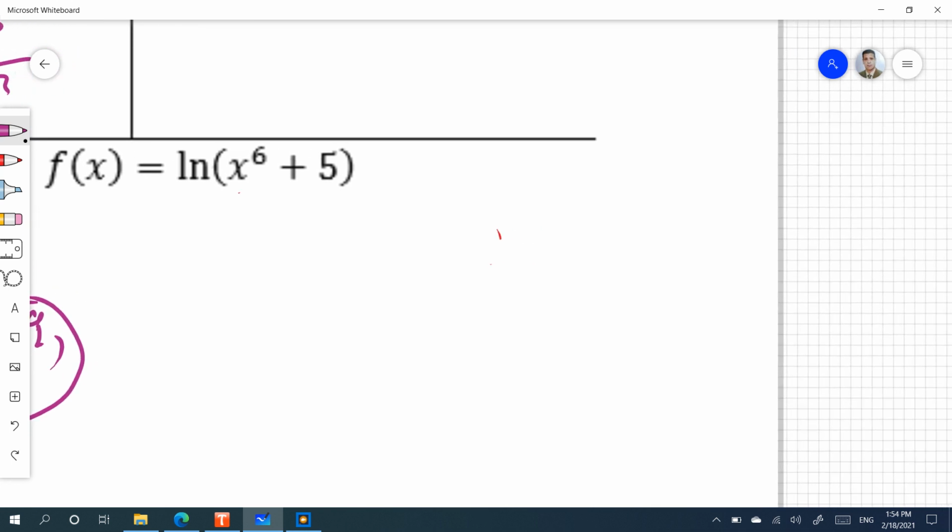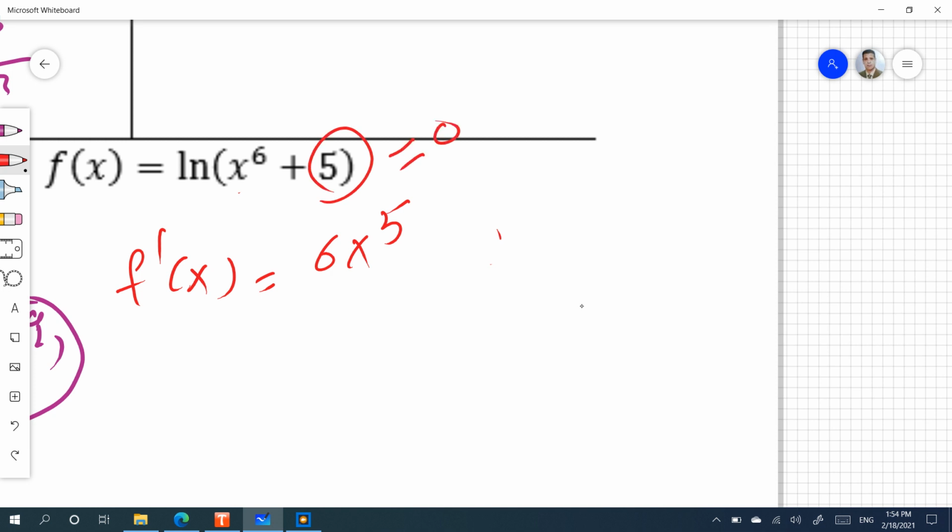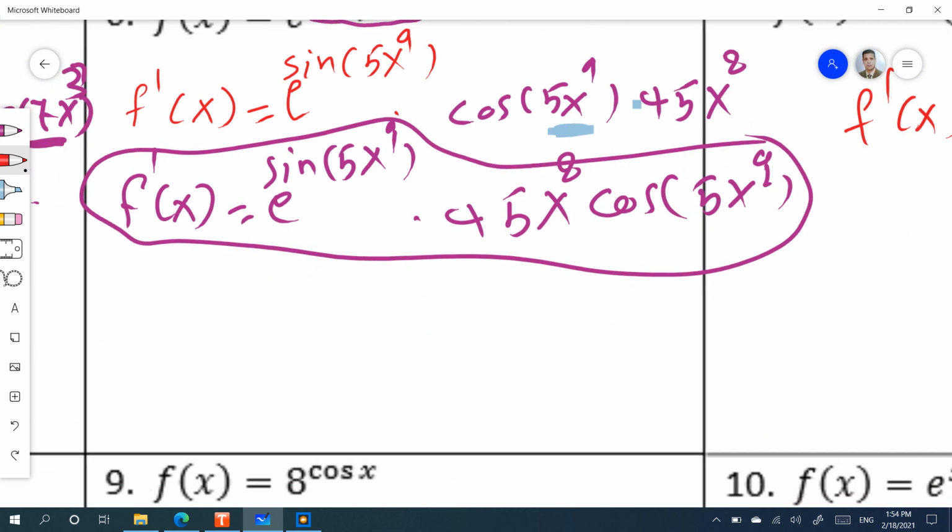It is a logarithm function, and it is so easy. The derivative of this function f of x equals the derivative of the function 6x to power 5, and the derivative of the constant equals 0, divided by the function itself in the denominator, x to power 6 plus 5, and this is the derivative of this function.